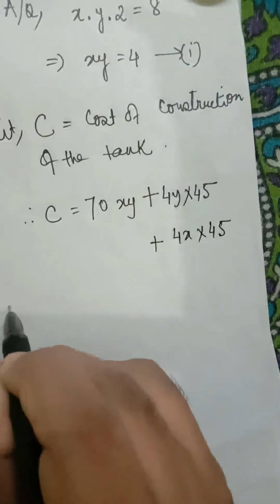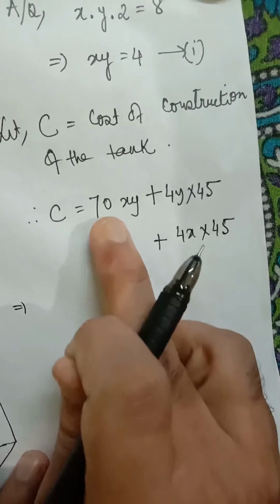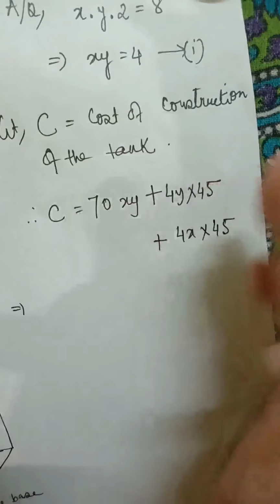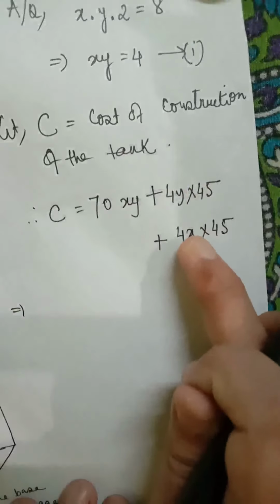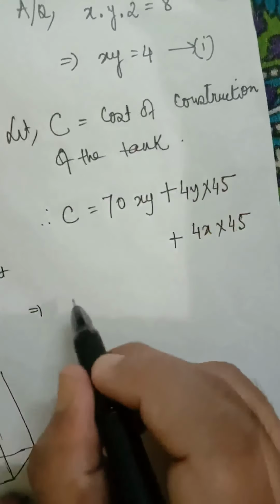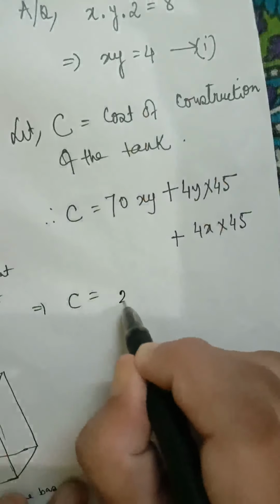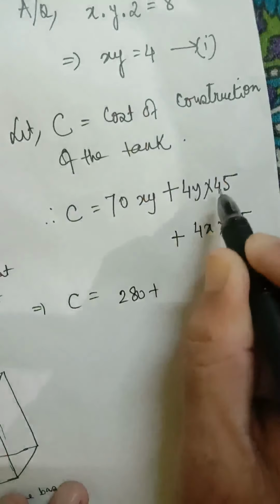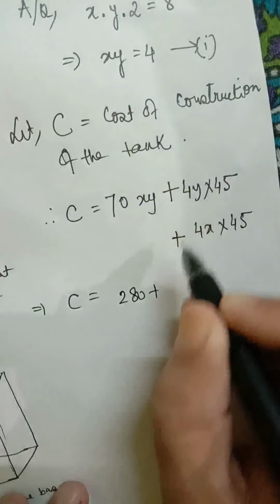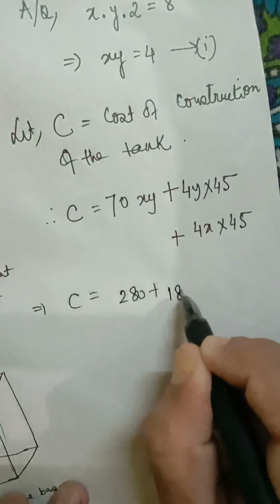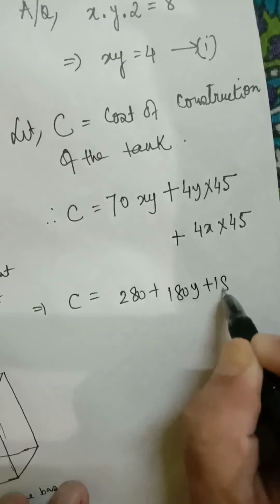So this is the cost of construction of the base, cost of construction of side faces, cost of construction of front and back faces. So C equal to, xy equal to 4, so it will be 280 plus 4 into 45, it will be 180y plus 180x.